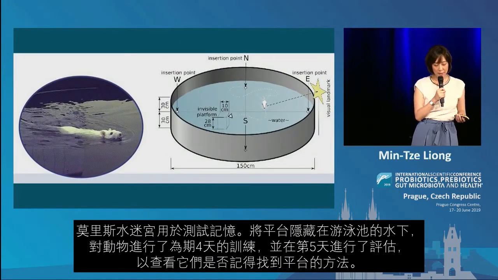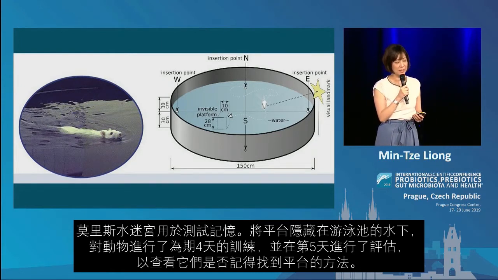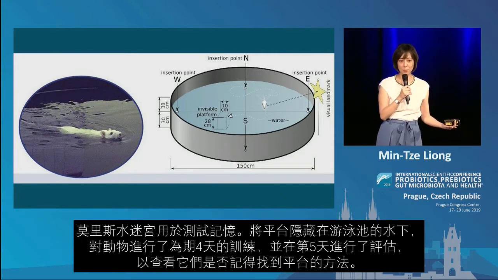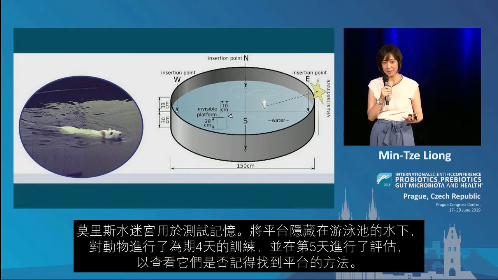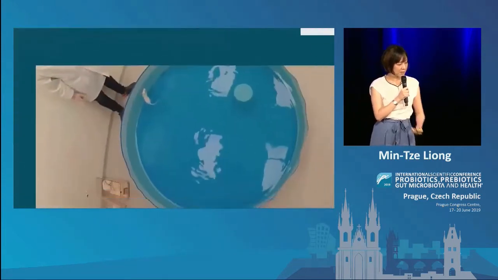So we did several, actually, but this one was more prominent in showing our data. We did what we call the Morris water maze. So our platform was hidden underneath water in a swimming pool. And the animals were trained for 4 days, and they were evaluated on the 5th day to see if they remember the way to find the platform. And I have a video.